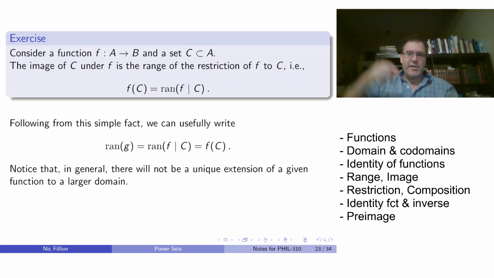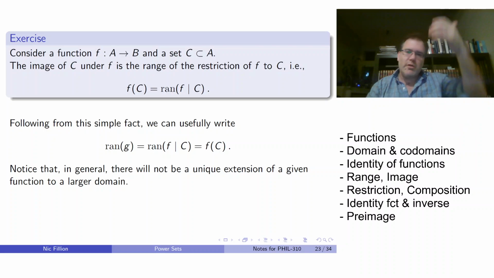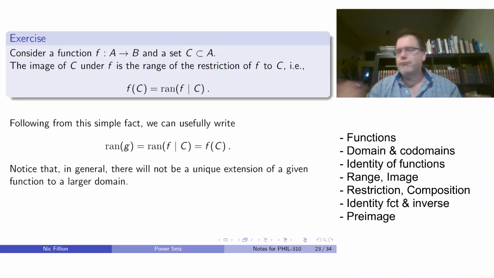And there are many ways of doing that. So that's what it means to say that there isn't in general a unique way of extending a function to a larger domain. Okay, so this idea of restriction and extension, it's not the most useful thing in life, but in logic, in topology, in graph theory, it does play a certain role. So it's good to know about it.